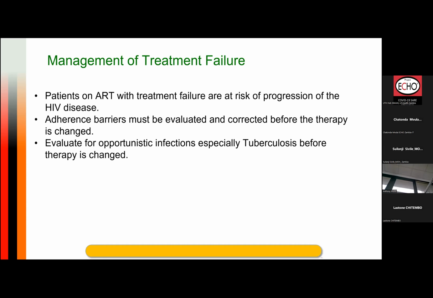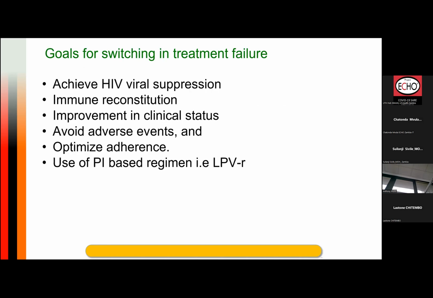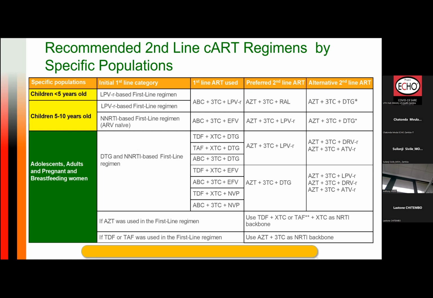resistance itself, but there's also a general risk of HIV transmission through sexual partners. So this is why we switch therapy, and these are our drugs. Note that we do recommend darunavir here for adolescents and adults, and adolescents above 12 years old.